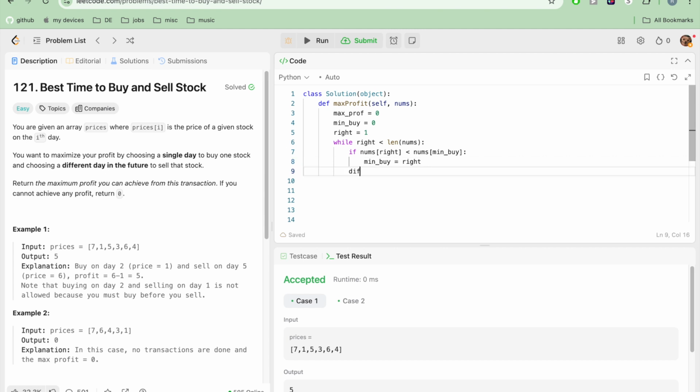Then we'll find the difference, and then my max profit would be the max of the previous max profit and the difference.